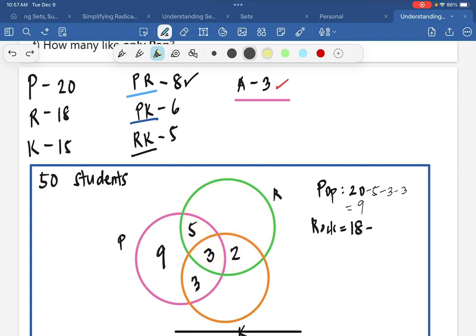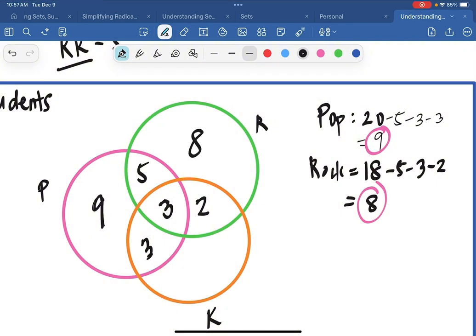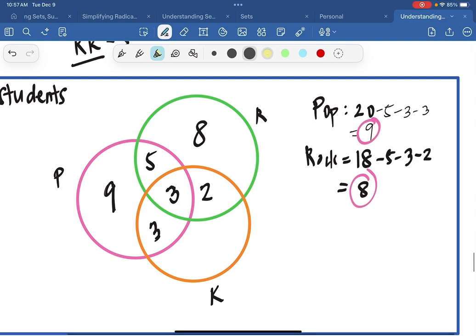So 18 minus 5 minus 3 minus 2. Based on this, 18 minus 5 is 13. 13 minus 3 is 10. And 10 minus 2 is 8. Okay, so for rock alone, we get to have 8.